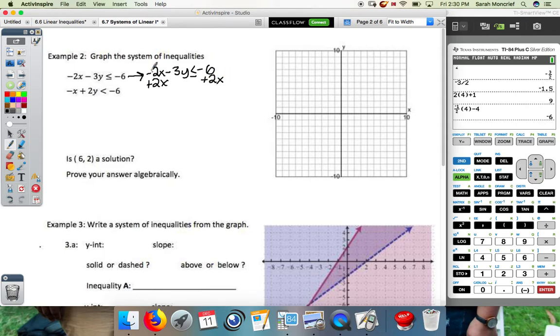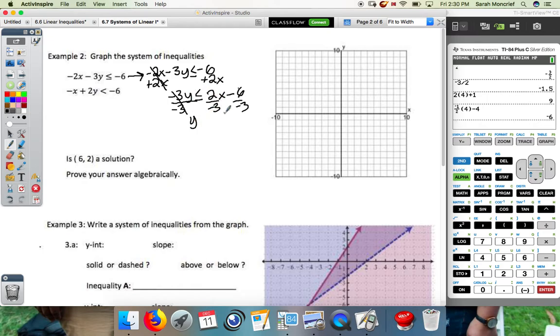What happens on the left? It cancels, and we have negative 3y is less than or equal to 2x minus 6. All right, now what do we need to do to get y by itself? We have to divide by this negative 3. Divide by negative 3. Okay, what happens on the left? It cancels, and we're left with y.